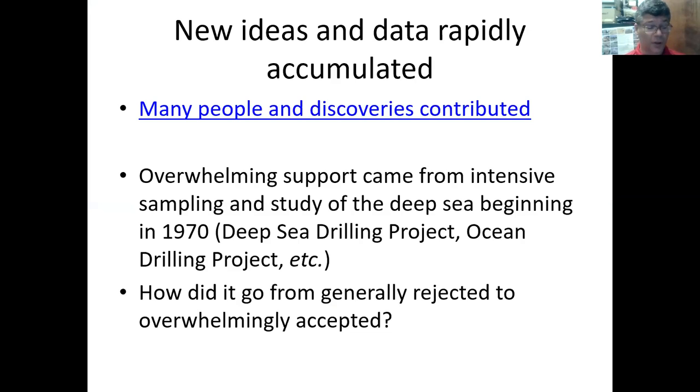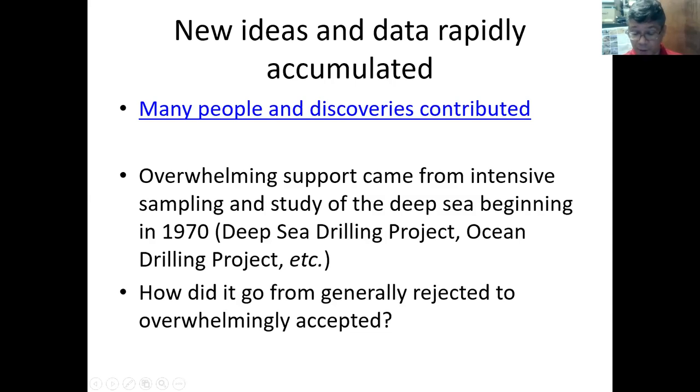Folks still a little doubtful. By 1970, we had the first of those major ocean drilling ships going out, sampling the ocean floor, and what it found was just what plate tectonics predicted it should. And that really convinced practically all of those who were still hesitating at that point.